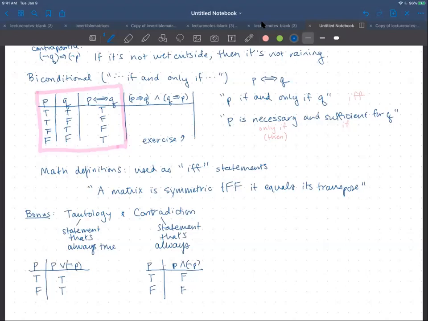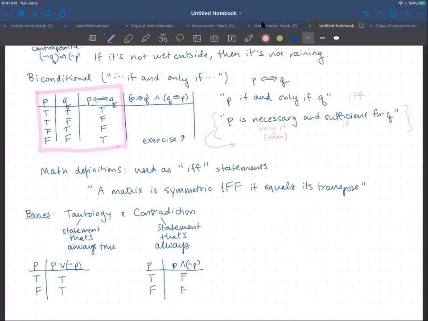And I believe that is all that I wanted to say on the subject of implication, biconditionals, tautologies and contradiction. I'm going to have to think through a little bit about what I said earlier, because I think I may have gotten it backwards. The gist is that the necessary and sufficient is taking care of the if and the only if, but I think I may have gotten them backwards.